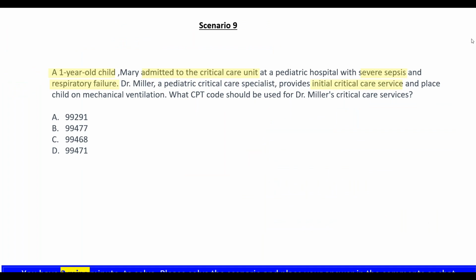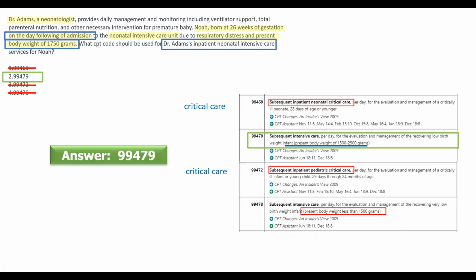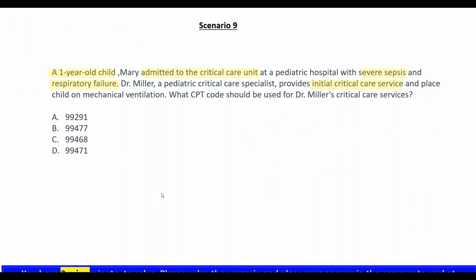Okay, guys, let's finish strong. A 99291, B 99477, C 99468, and D 99471. A 1-year-old child, Mary, admitted to the critical care unit at the pediatric hospital with severe sepsis and respiratory failure.